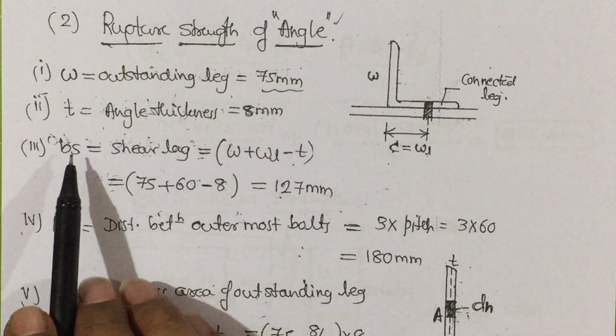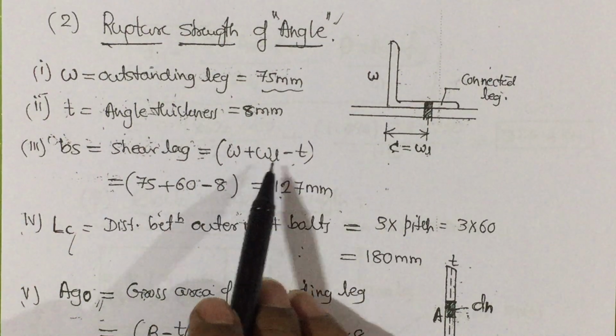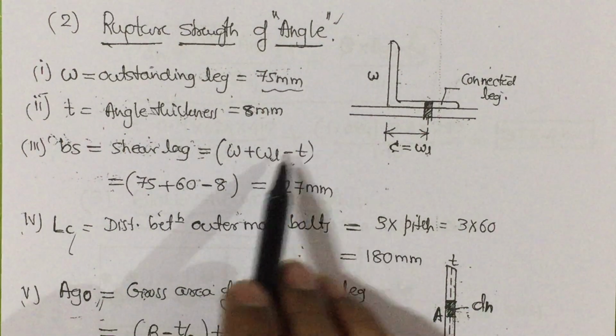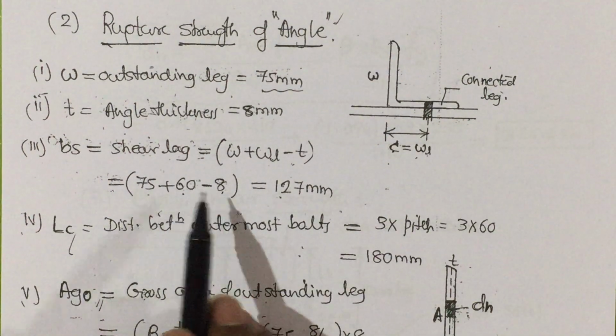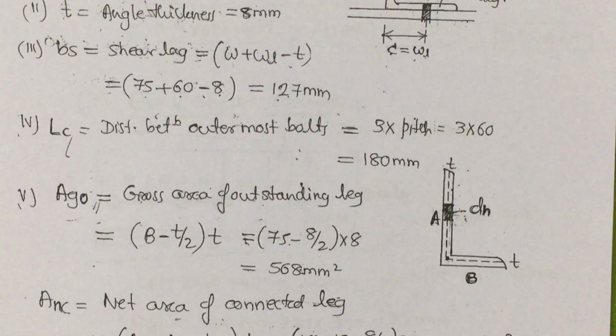Then Bs is the shear lag length, that is given by W plus WL minus T. W is 75 plus WL is 60 from the code book, then thickness is 8. We are going to get that as 127 mm.